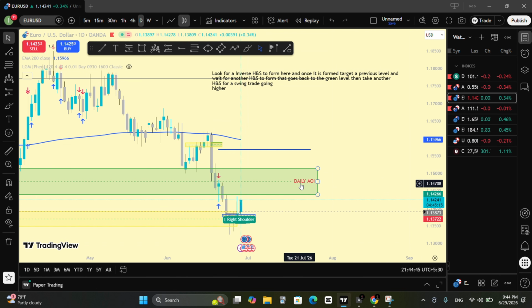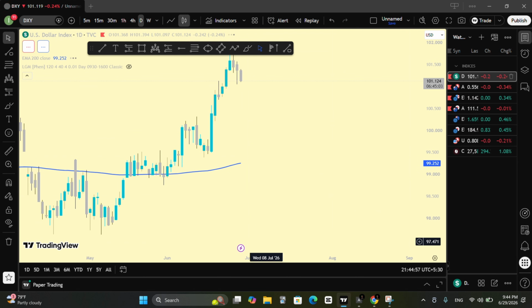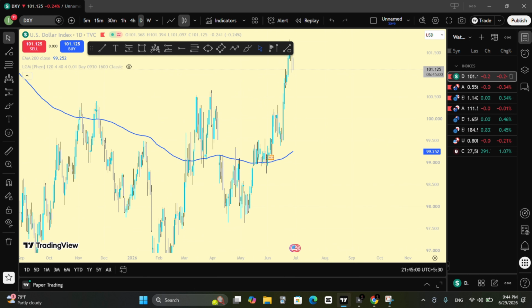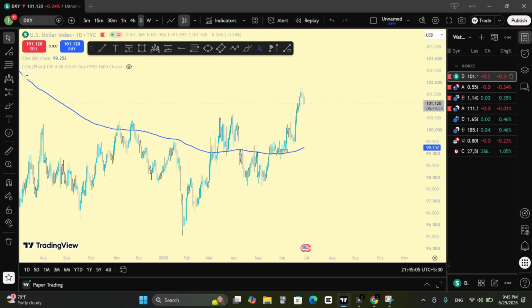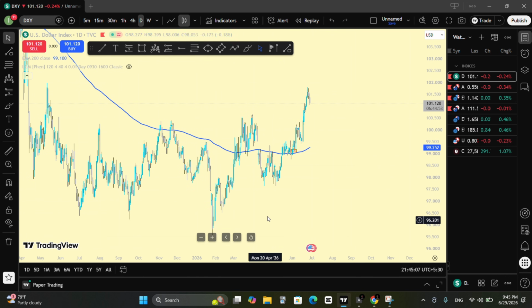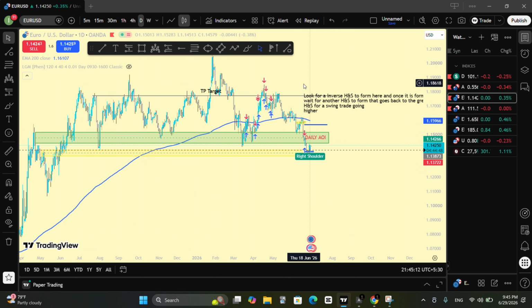So mainly Euro USD, but we have upcoming news, as you can see. So we have to be aware of the news and be cautious trading these currency pairs. Also the DXY seems to be getting stronger, but of course you have to look at DXY before entering on currency pairs that have the USD. So if this is euro versus USD, right?